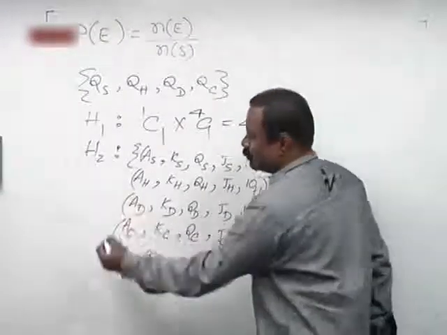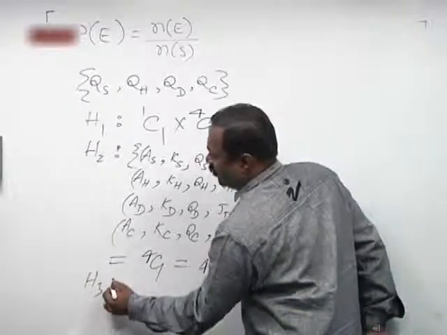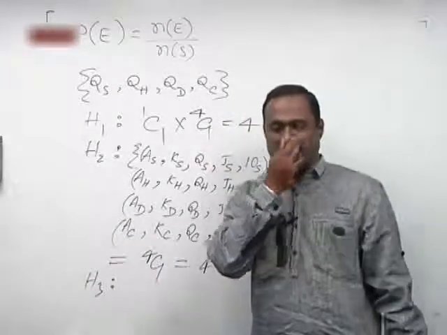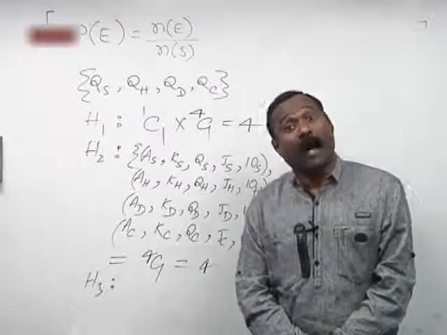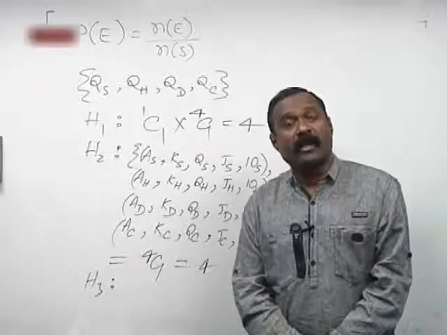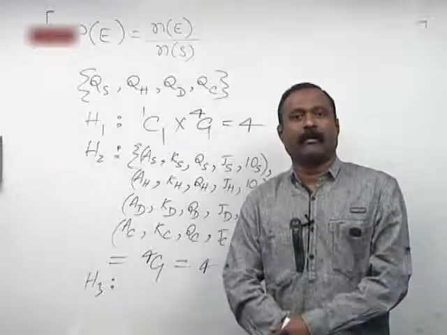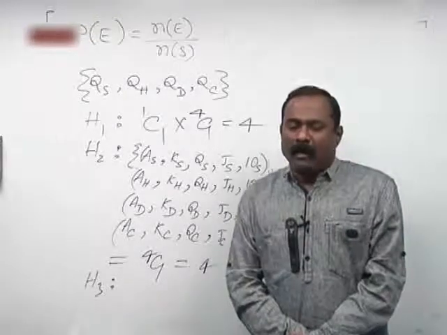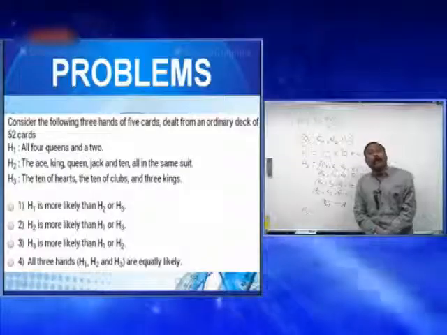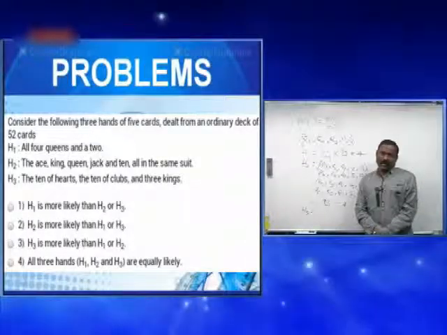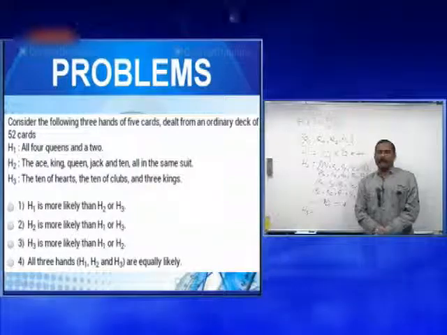Now, what should be H3? The 10 of hearts: how many 10s will be there in hearts? Only 1 is there. And the 10 of clubs, how many will be there? Only 1 will be there.